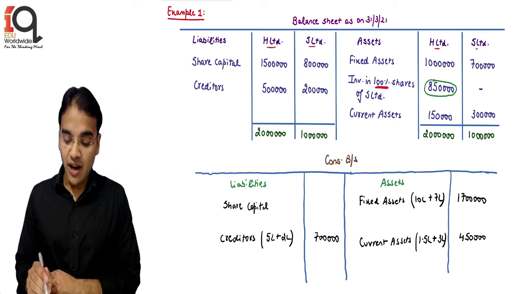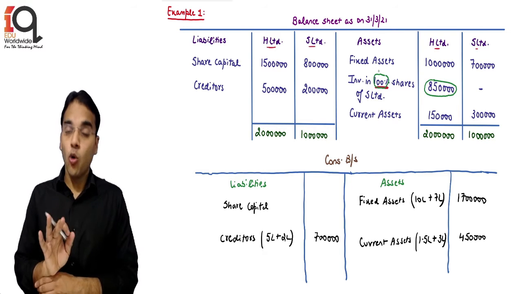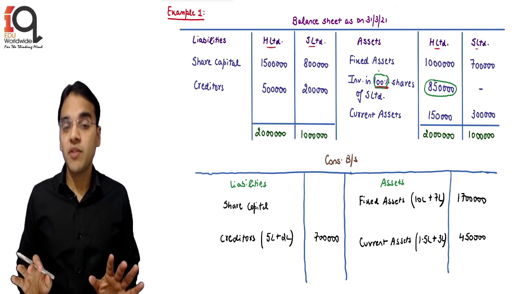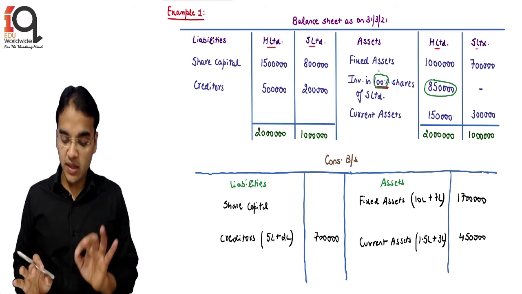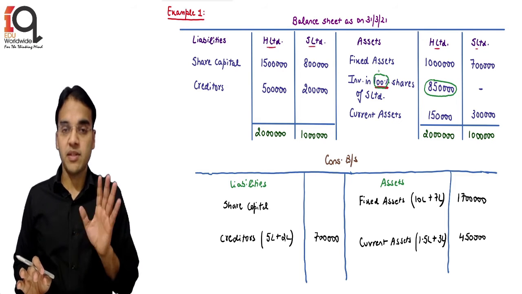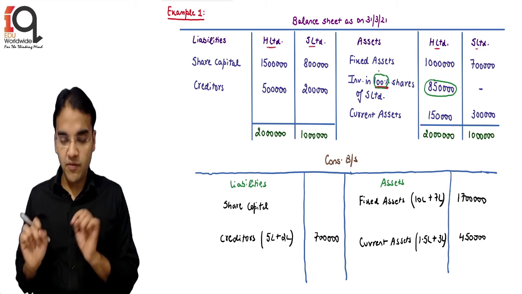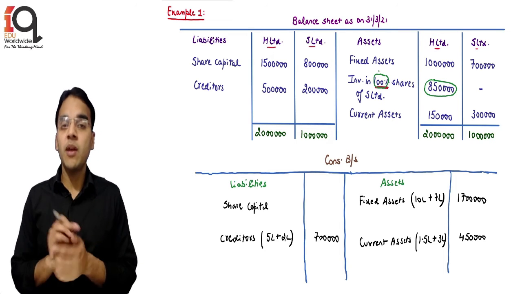Yes, because 100% shares are acquired of S Limited. However, a holding company subsidiary company relationship can be formed even if more than 50% shares are acquired. But in this case, I have taken the example of 100%. That's the simplest one. Now, should I show here the investment of 8,50,000 and share capital of 15 plus 8, 23 lakh?